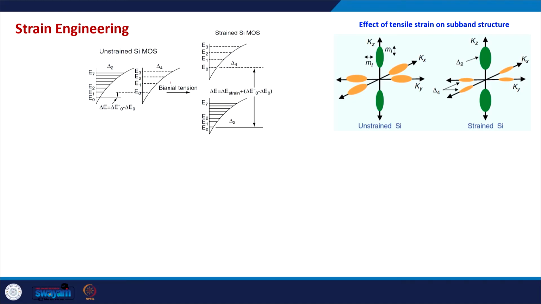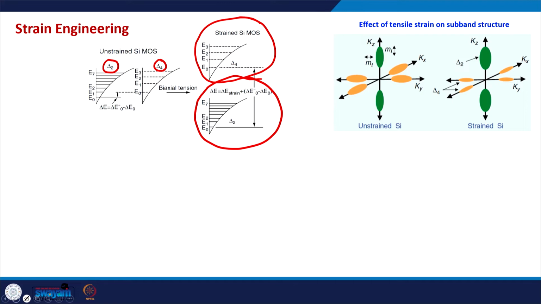Now because of the strain, what happens is that the energy difference between these four valleys and two valleys is further increased. So now the energy of these four valleys is even larger than the energy of the two valleys.